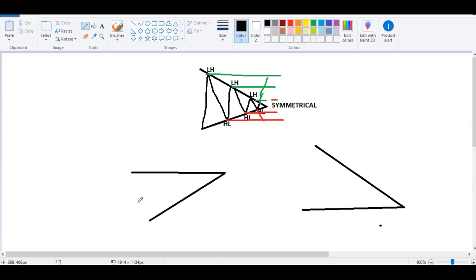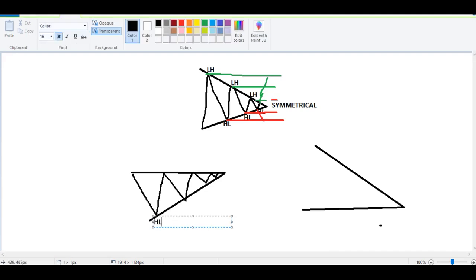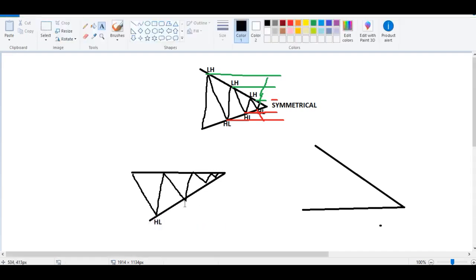Now let's come to the ascending triangle. So an ascending triangle will look like this, where we have higher lows and similar highs, right?